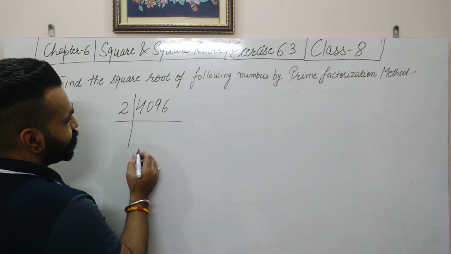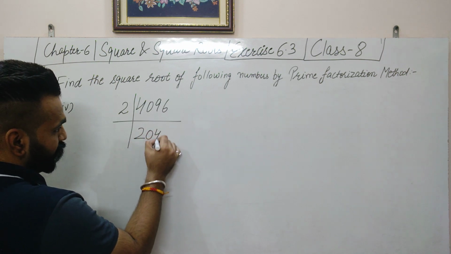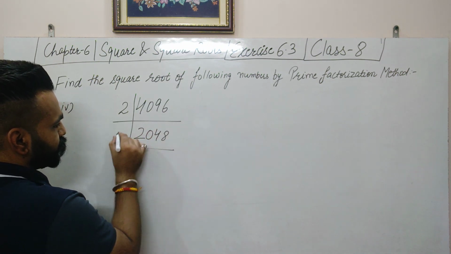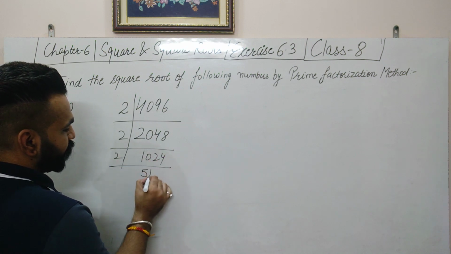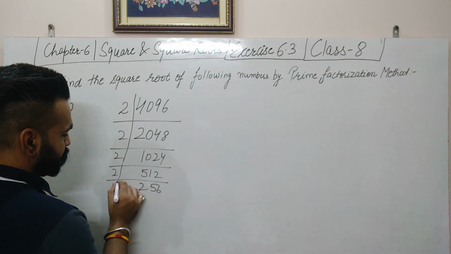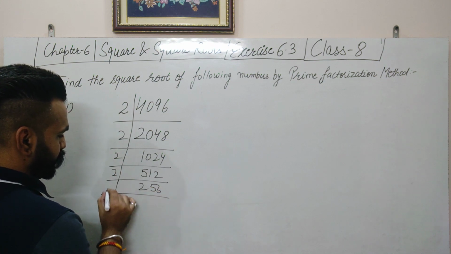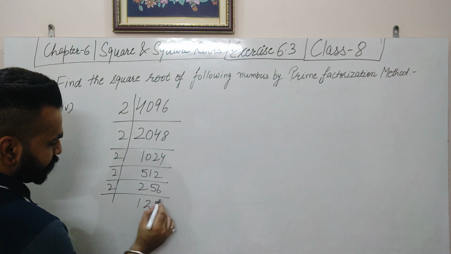So here there will be 2. Here it is 2048. So 2, 1024, 512, 256, 128.